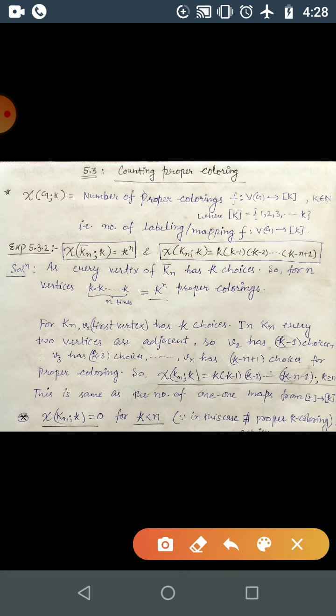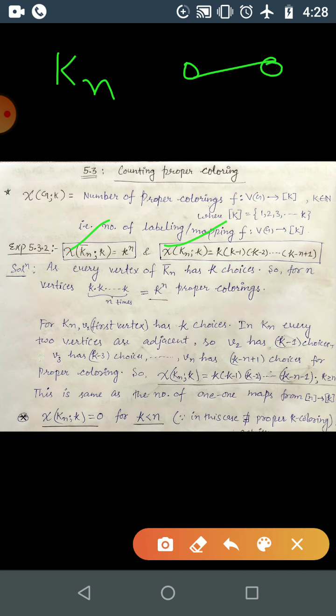Okay, now that was Kn complement. Now if G is Kn, then for Kn every two vertices are adjacent, correct? So whenever n is at least 2, with just one color there is no proper coloring. That is, if we are given just one color, then we can't color it using one color.